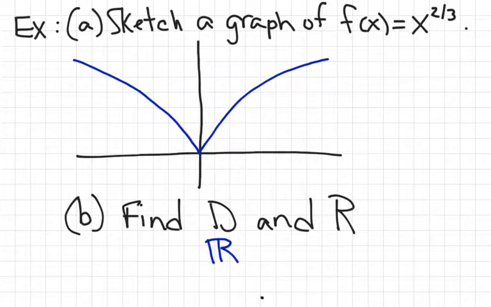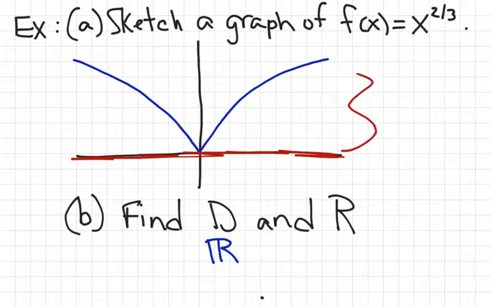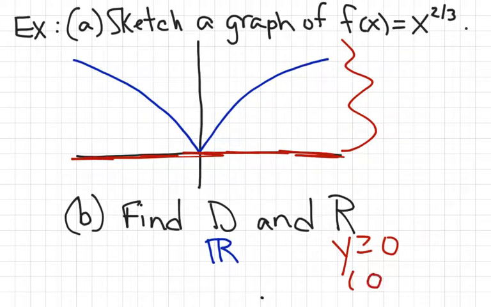You'll notice that the lowest that this graph goes is the x-axis. And then all the rest of the graph is up from there. So the range is y is greater than or equal to 0, which in interval notation is 0, comma, infinity.